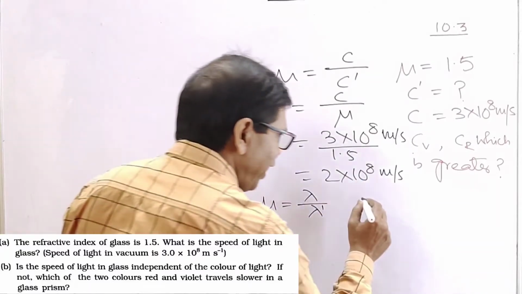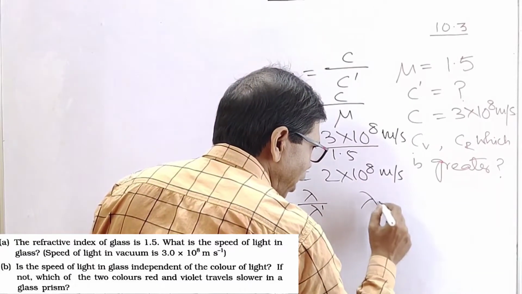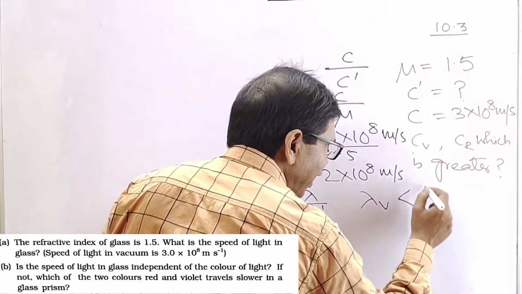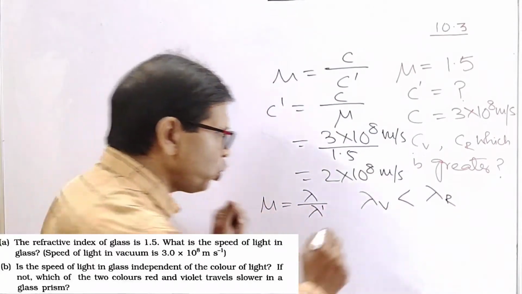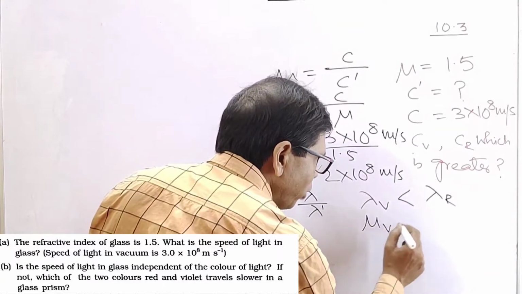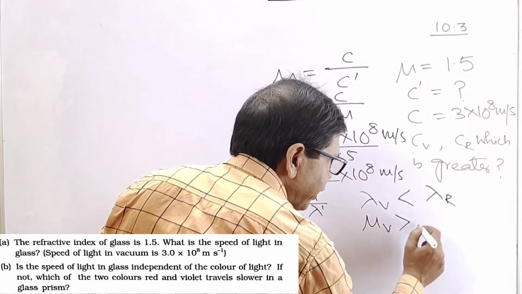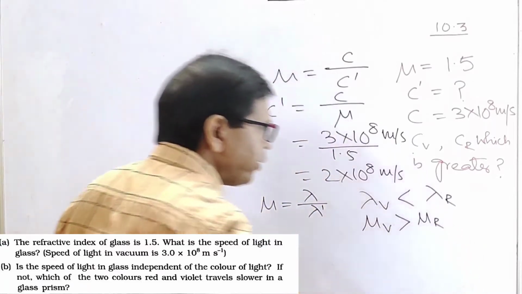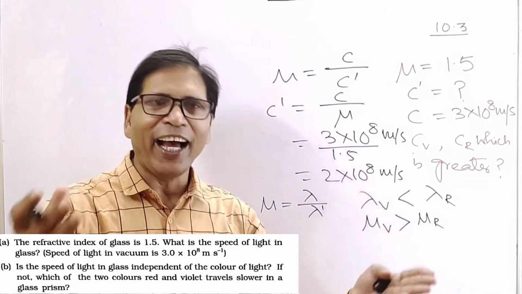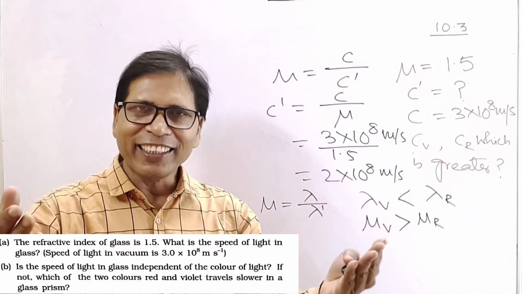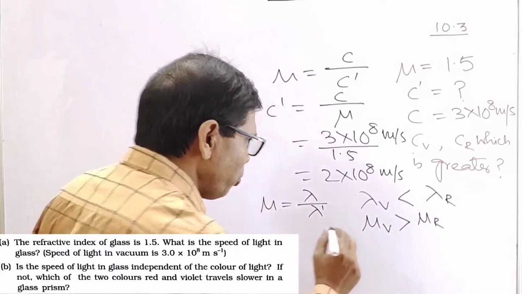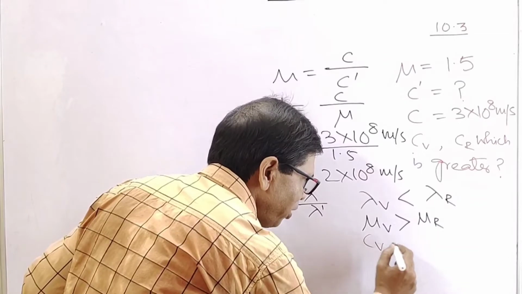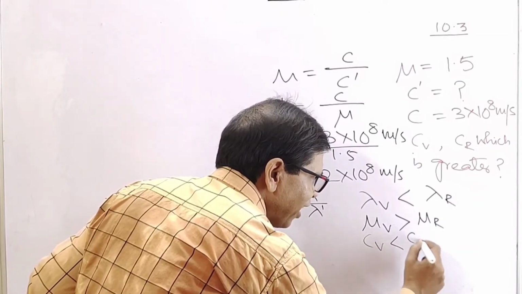Here lambda violet is less than lambda R, so the refractive index of violet for glass is greater than that of red. So the speed of violet light in glass is less than the speed of red light. So here CV is less than CR.